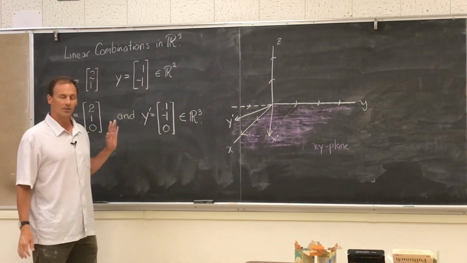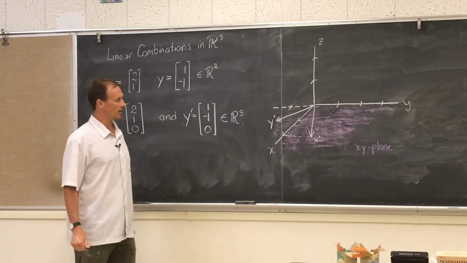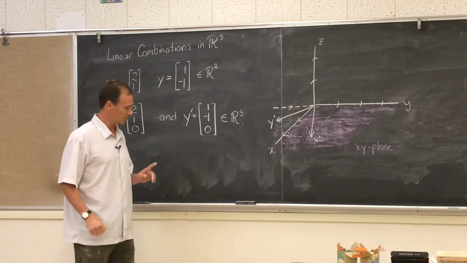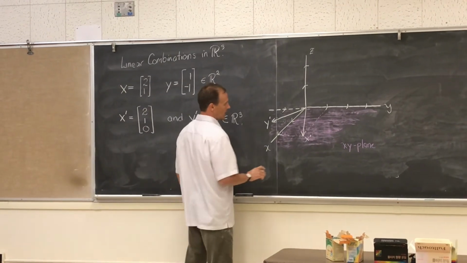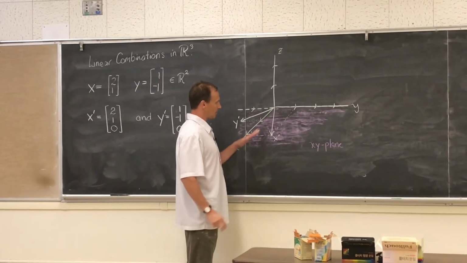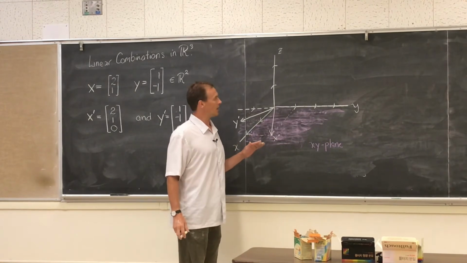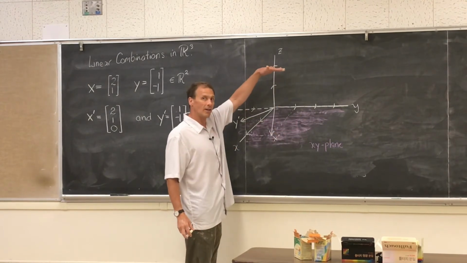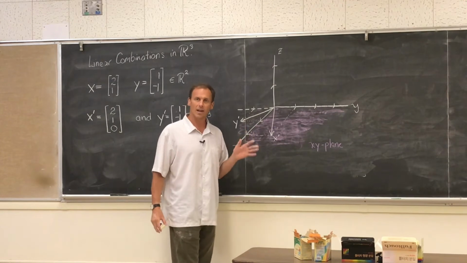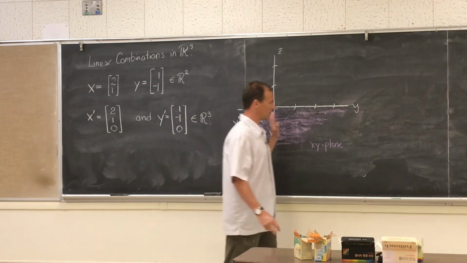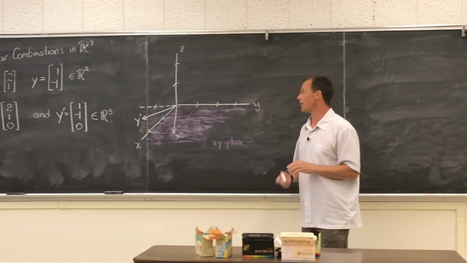Okay, now let's take a look, because we have a problem, and I'll show you what it is. I would like to somehow leave the xy plane behind and move into greater heights. But I want to show you that I can't do that. And I think the best way is not visually, but to prove it with our mathematics.